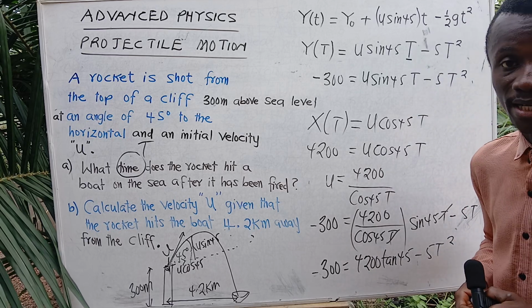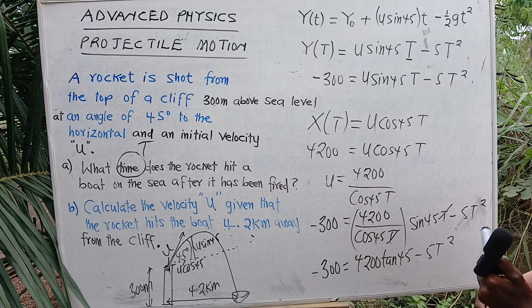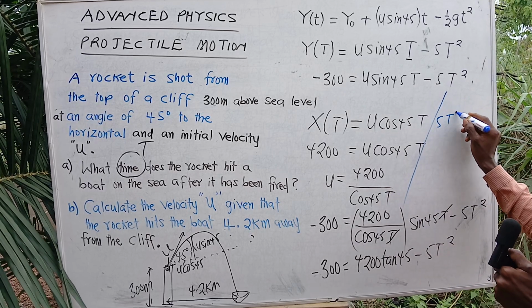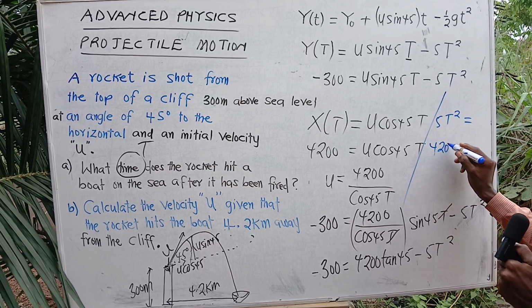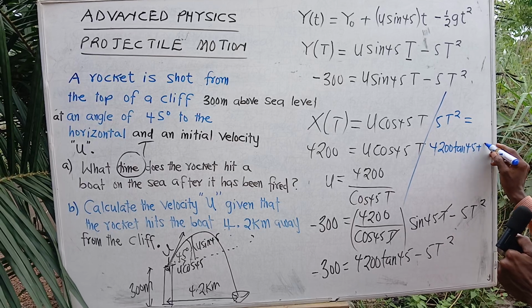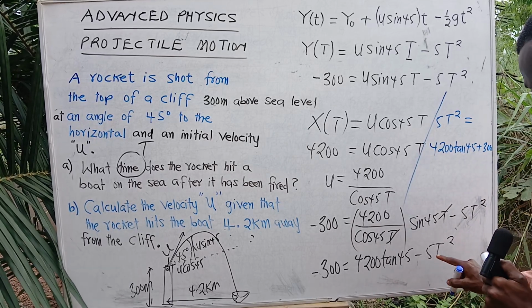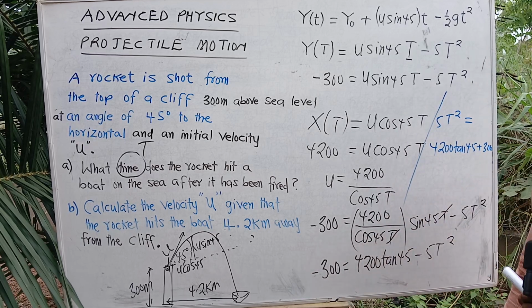Now we are almost done because we are getting only one arbitrary capital T here. Let's make that the subject. So we then write 5t squared is equal to 4,200 tangent of 45 plus 300. We're able to do that when 5t squared is sent to the left and negative 300 is sent to the right.